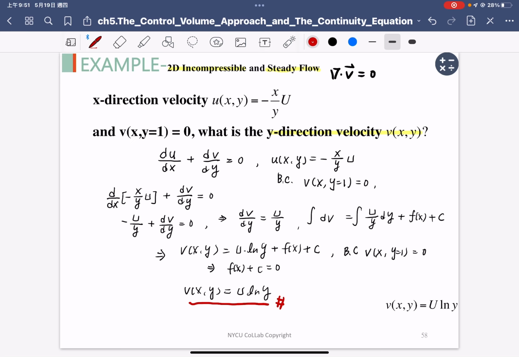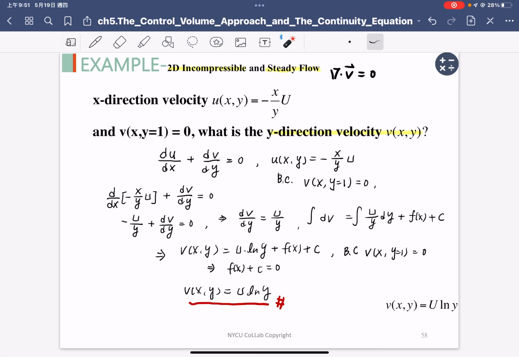So the idea is, because we know that the flow condition satisfies incompressible and steady flow, based on the differential form of the continuity equation, we know that the divergence of the velocity field is equal to 0.